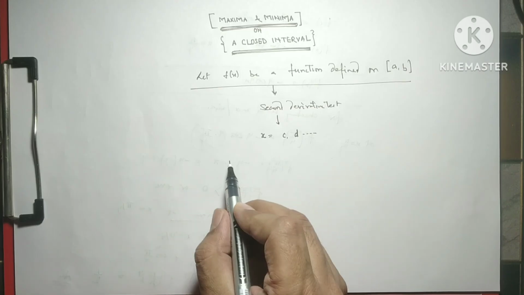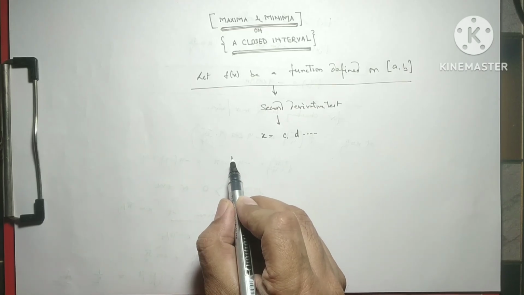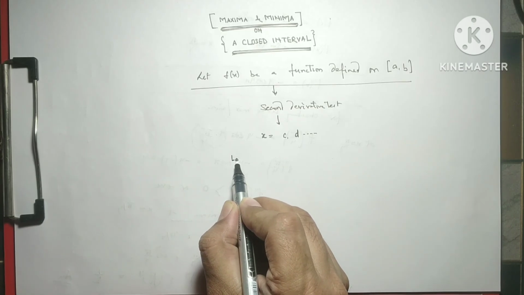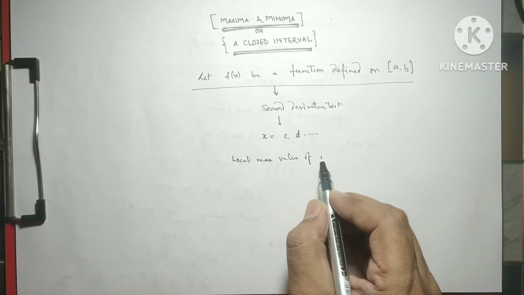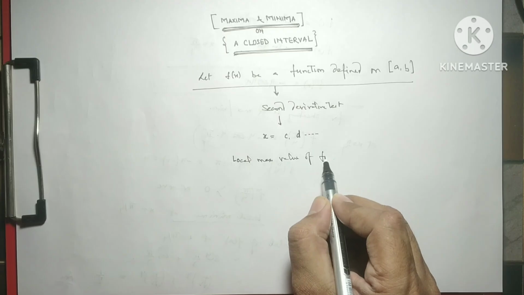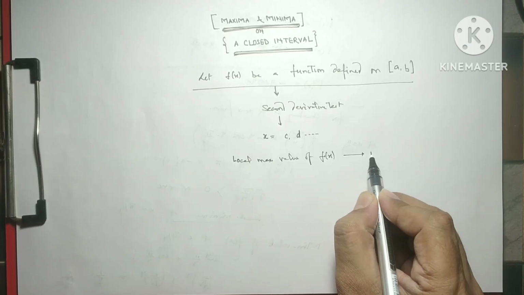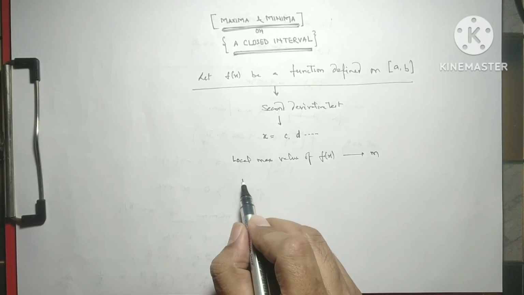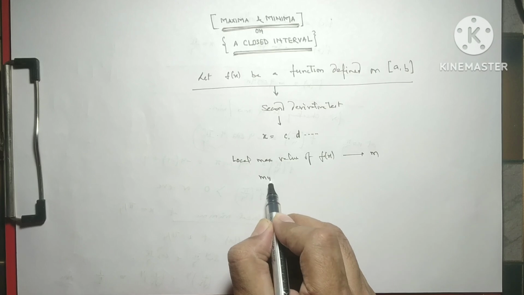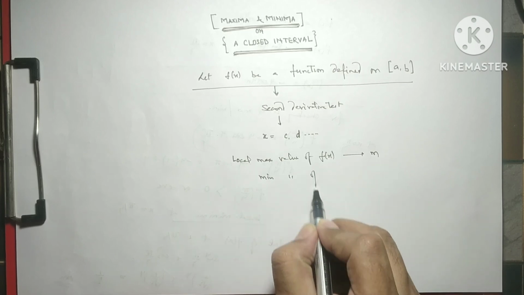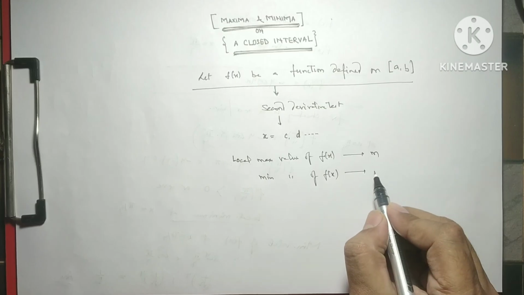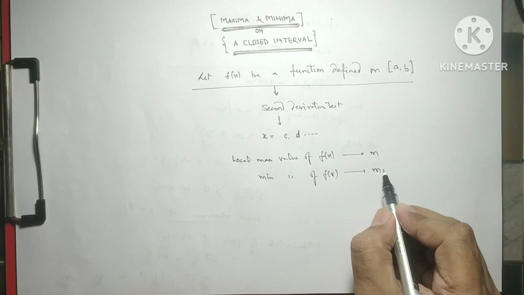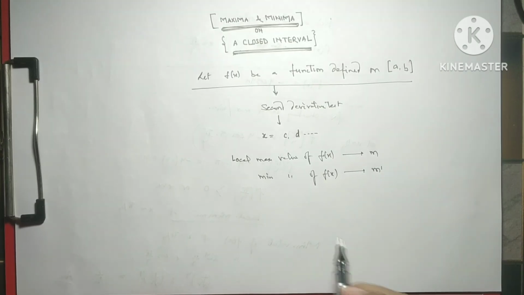So let us consider the maximum value, local maximum value of function is m, and minimum value of function is m dash.